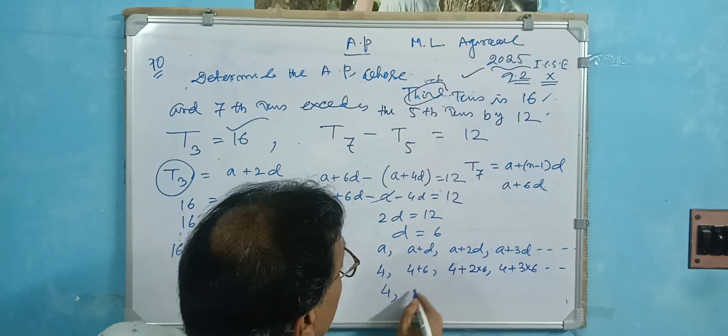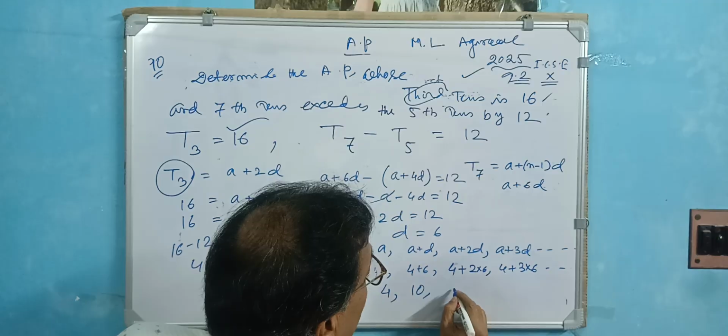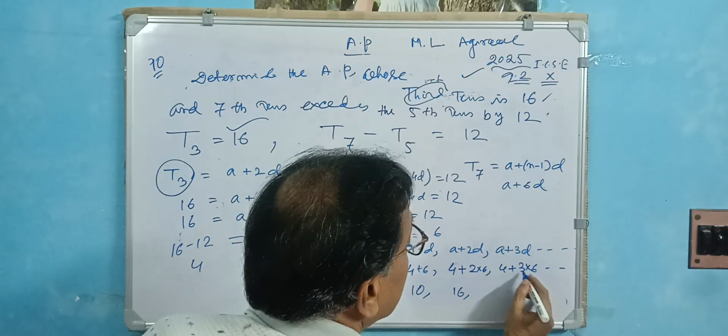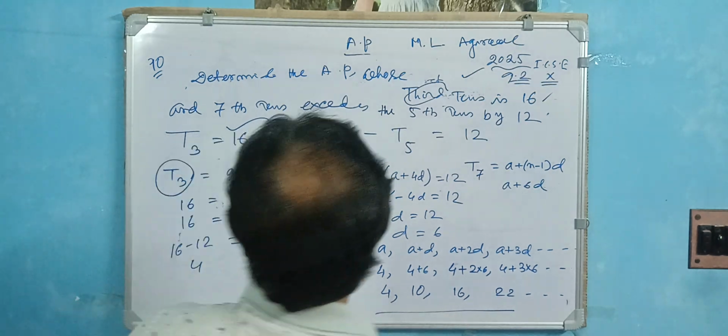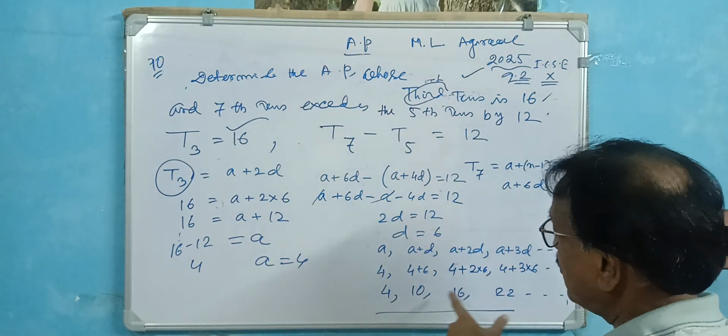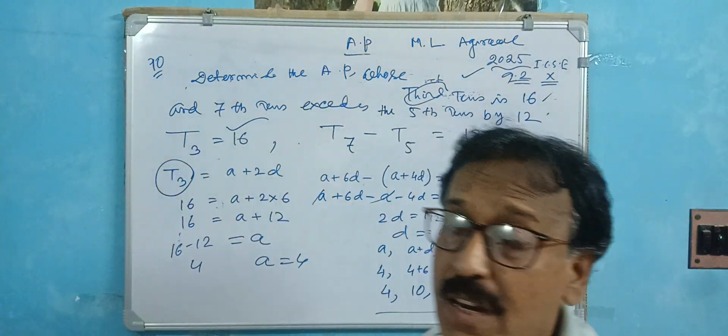So this is 4, this is 10, this is 16, and this is 22. So this is the AP series. Determine the AP: 4, 10, 16, 22. Clear?